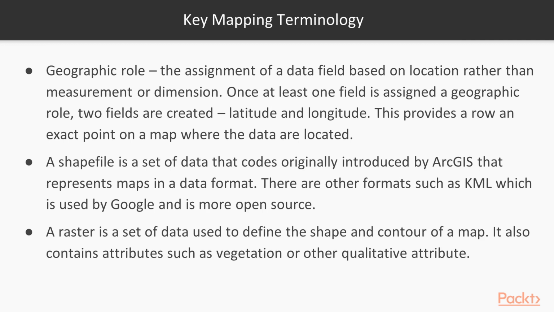A raster contains that in the form of data, which is quite cool. It's a table or a series of tables that has this information, and when you load it in, all of a sudden it shows up. And again, Tableau can handle that. We're not going to get into this because the idea is to give you the confidence to go in and do Tableau work, but information is available that can help you.